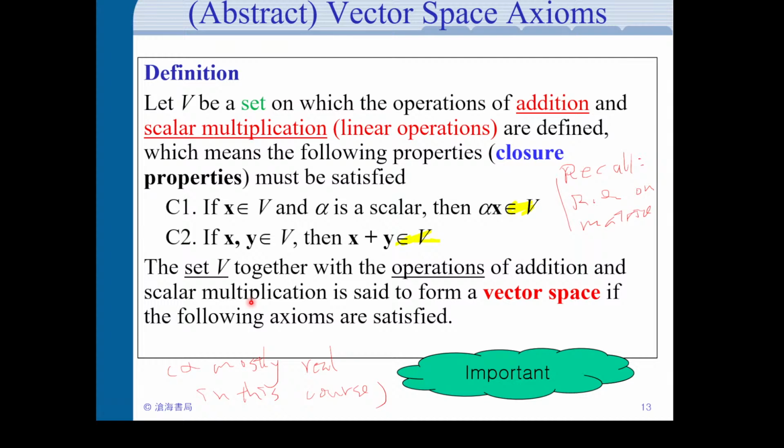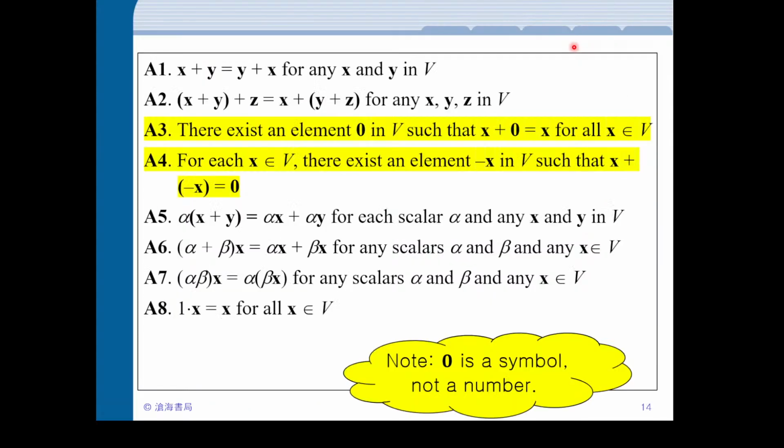But we cannot just define addition and scalar multiplication as any operation. For our space to be a vector space, we need a lot of rules for the addition and scalar multiplication to satisfy. Those are all satisfied by R^n, but we want our abstract vector operations to also satisfy all those axioms. Thus, let's go through them one by one.